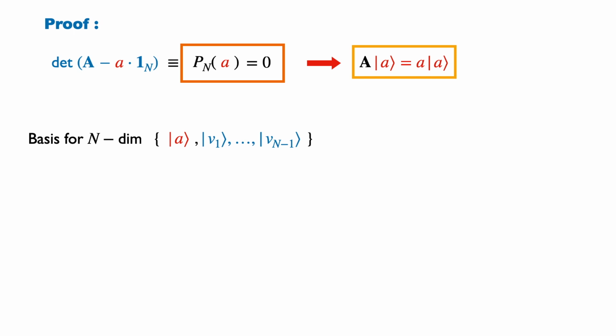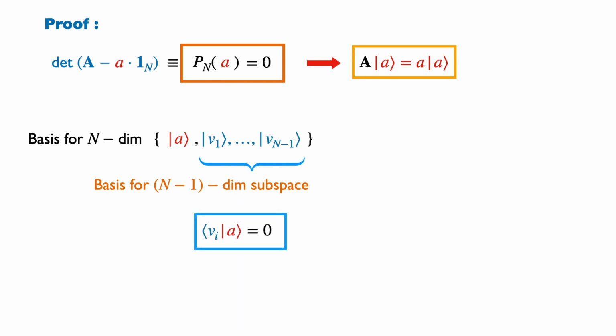The remaining n-1 elements form a basis for the n-1 dimensional subspace, which is orthogonal to state A. If we multiply the eigenvector equation by the bra of any basis element from this subspace, this leads to the conclusion that the matrix element of operator A with respect to states Vi and A must be 0.